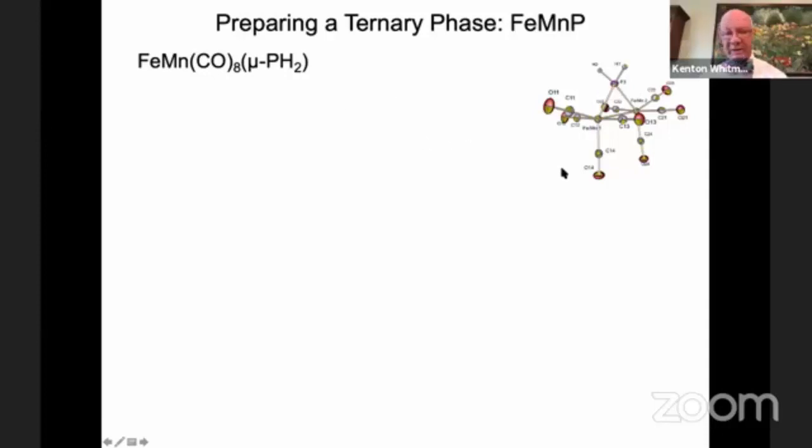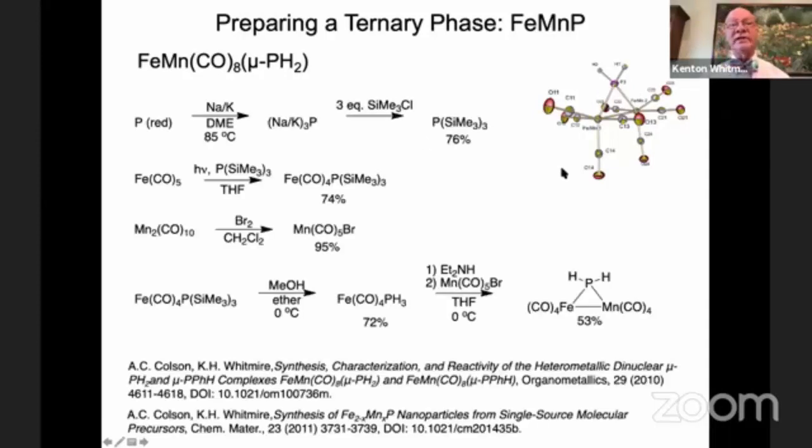We spent some time developing the synthesis of this because we needed a molecule that did not have organic groups here at the top. We had started out with literature compounds having phenyl groups in these places or having a phenyl group and a hydrogen, but those were not successful precursors. So Adam Colson developed a synthesis for making the mu-PH2.